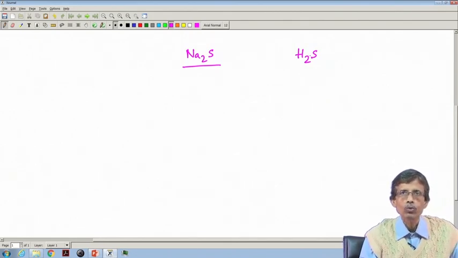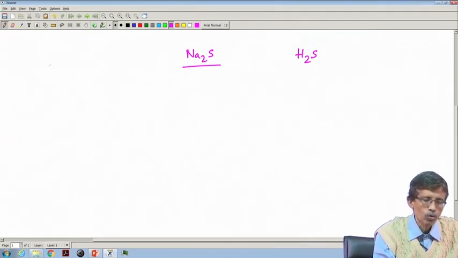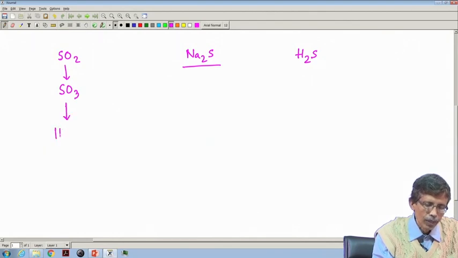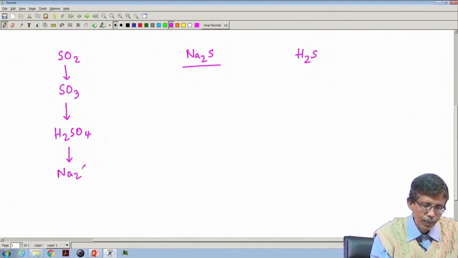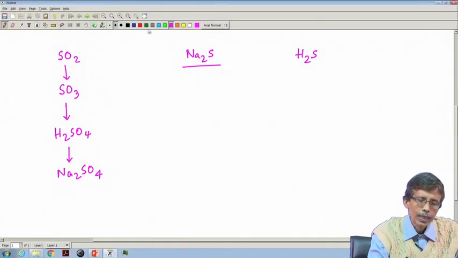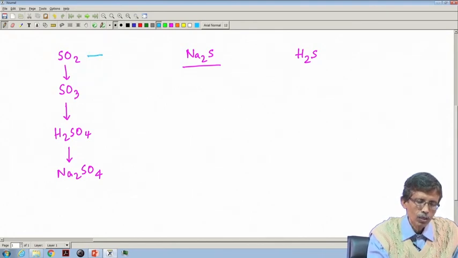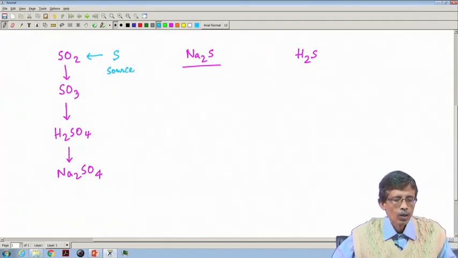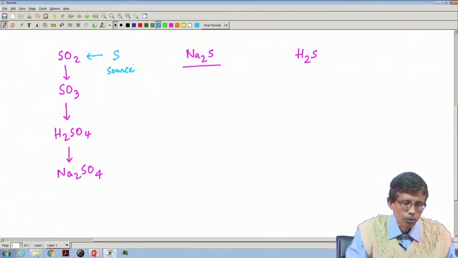But if we try to produce it from some other source, because we know that we can have SO2 getting oxidized to SO3, then we have H2SO4, and then we can make its corresponding sodium sulphate salt. So, what you see here is that you can have this from the natural sulfur source. So, sulfur is getting converted up to this.